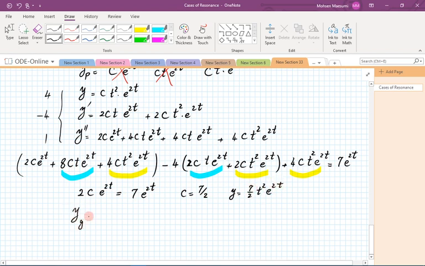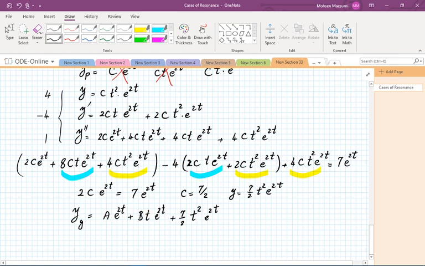The general solution is going to be the homogeneous, which itself had a resonance, bt exponential of 2t, and now the additional term is 7/2 of now t squared exponential of 2t. So this is one example. We had to go as far as t squared to avoid coincidences, because there was already t over there.